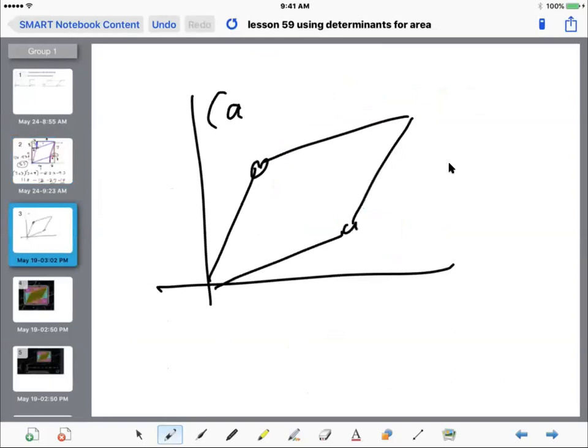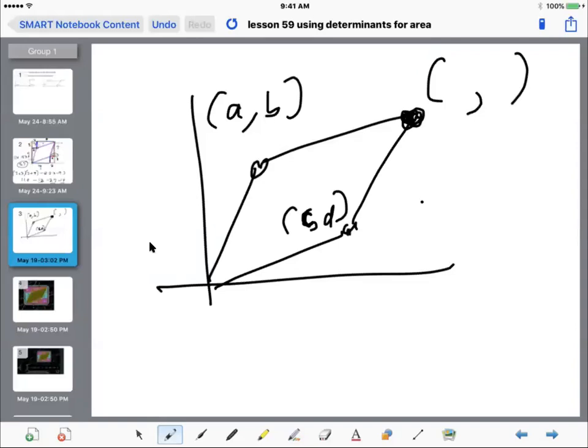If I call this point A comma B, and this point here, C, D, we actually don't even need to know the coordinates of that point there. But if I wanted them, someone could type in to the chat what are the coordinates of the top right corner point in this generic general state with the A, the B, and the C, and the D. That's right.